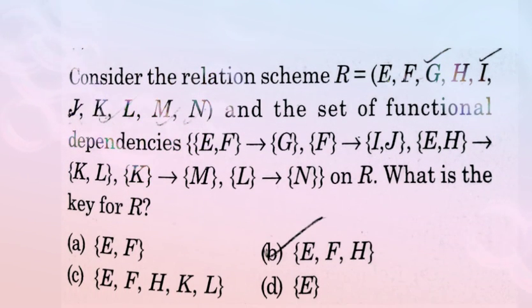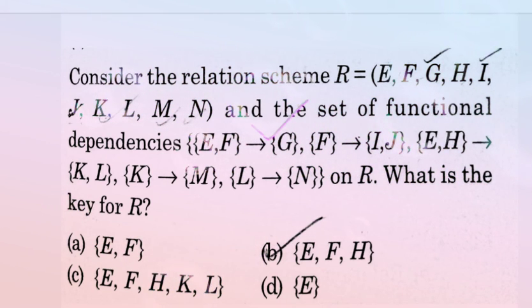Consider the relation scheme R which contains E, F, G, H, I, J, K, L, M, N, and the set of functional dependencies: E, F to G; F to I, J; E, H to K, L; K to M; L to N on R. What is the key of R?